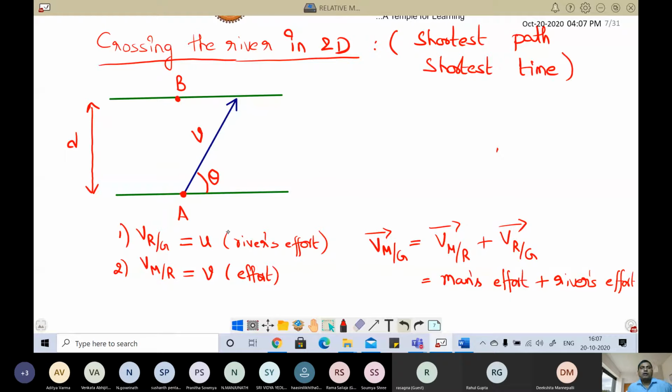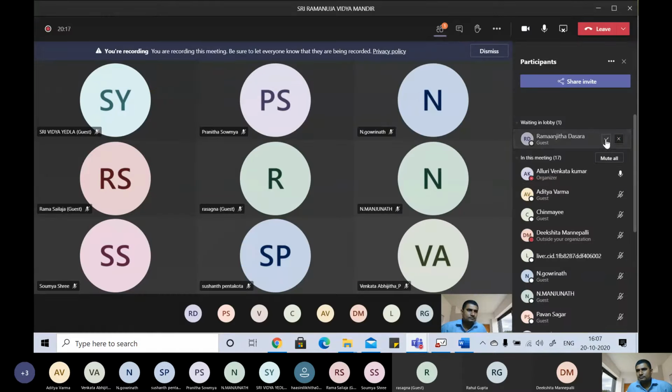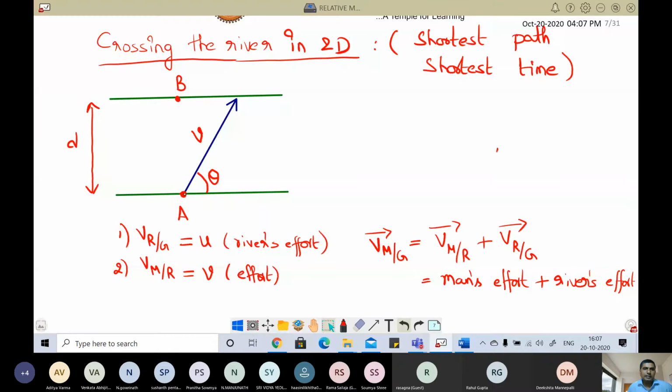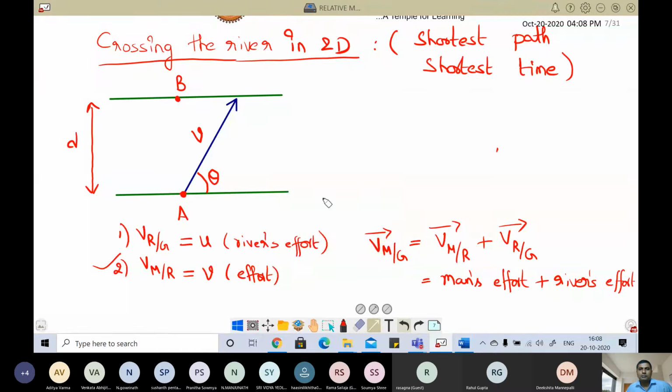Now we can resolve first this quantity, velocity of man with respect to river, into two components, an x component and a y component.